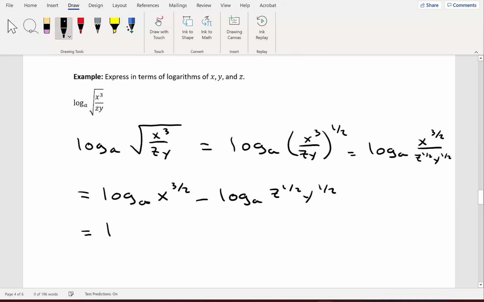Continue to expand. This log, since I am multiplying, I could expand with addition. So now I have log base a of x raised to the 3/2 minus, and now I have to put this in parentheses, log base a of z to the 1/2 plus log base a of y to the 1/2.